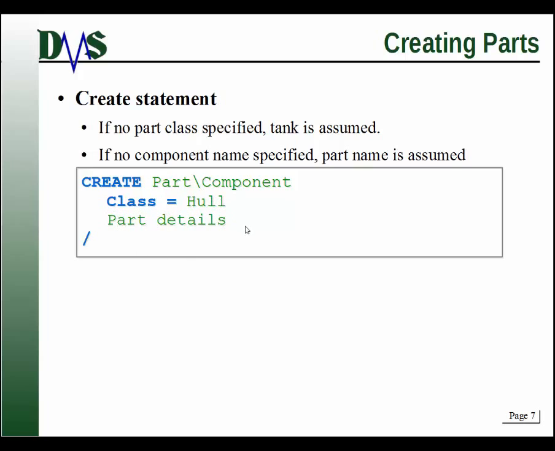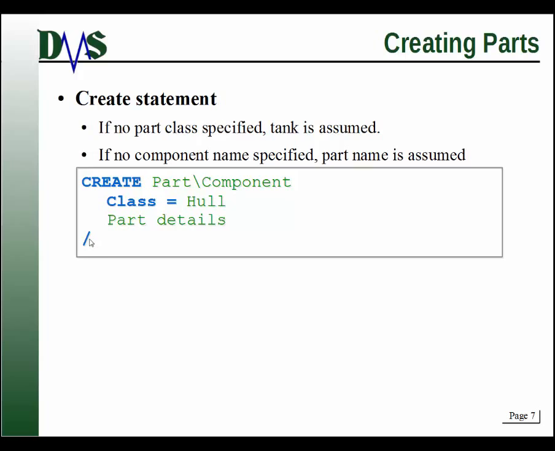And then you're going to put in any part details that describe the part. We'll cover those later, but just the basic format here. You start with a create, your name for your part, you specify your class, any information about your part, and then more importantly than anything, you finish with a /. That's how GHS knows when you're done talking about that part.